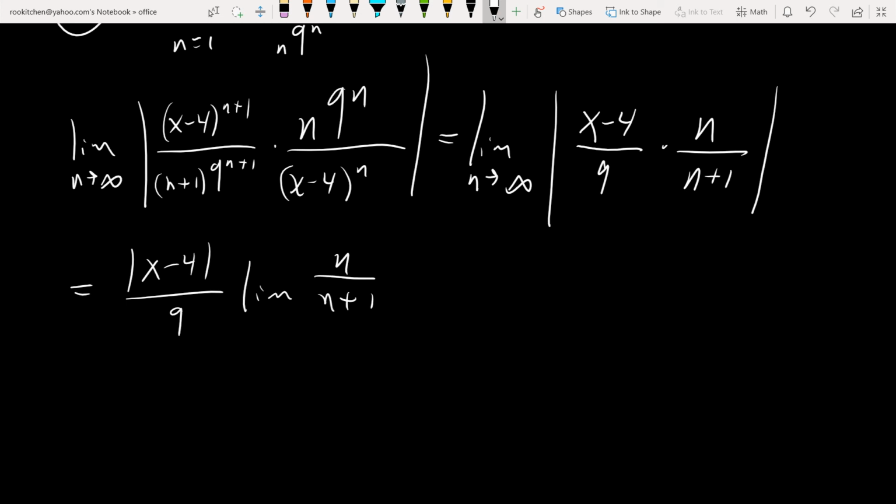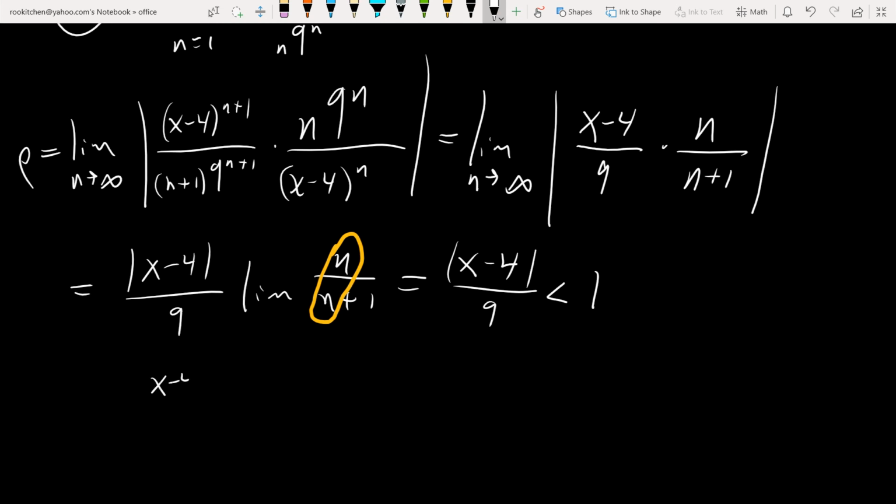I don't need the absolute value there anymore either. The limit of n over n plus 1, again, you can do this trick with polynomial limits. That will just be 1. So you'll be left with absolute value of x minus 4 all over 9. And we know this thing converges absolutely when that rho value, which is this limit, is less than 1. Okay, so we can get kind of our radius of convergence.